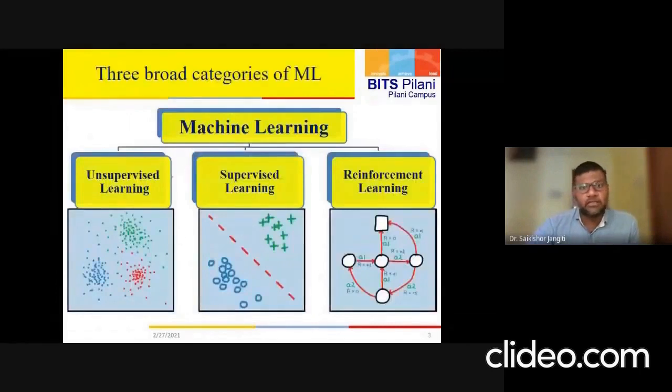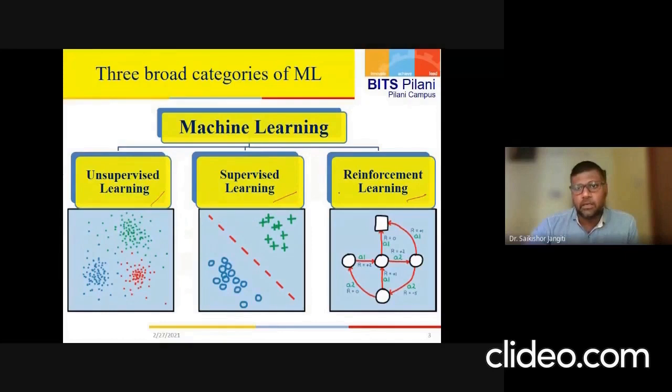Machine learning can be broadly categorized into three things: unsupervised learning, supervised learning, and reinforcement learning. The first two are famous, and you might have also discussed unsupervised learning called clustering, and supervised learning called classification and regression in data mining and machine learning subjects.